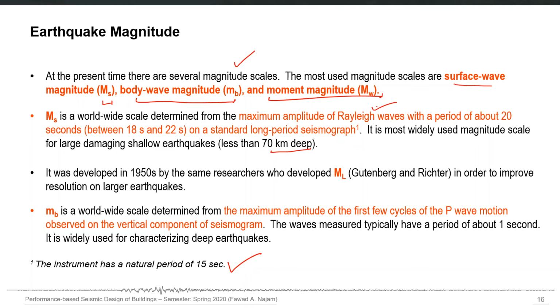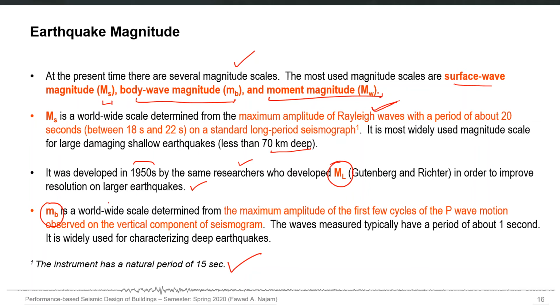So this is based on the maximum amplitude of Rayleigh waves with a period of about 20 seconds. It was developed in the 1950s by the same researchers who developed the Richter magnitude scale, and the idea was to improve the resolution on larger earthquakes, because the Richter magnitude scale was not able to accurately give the size of the larger earthquakes.